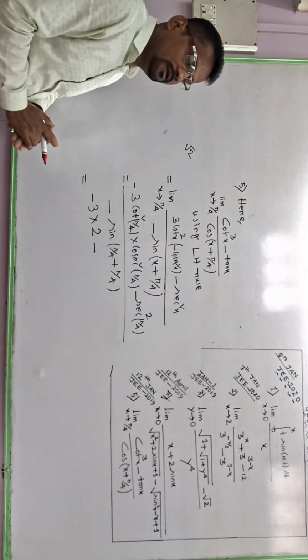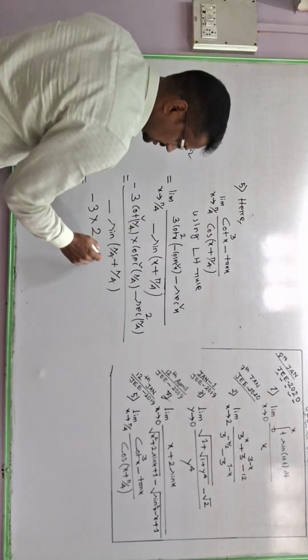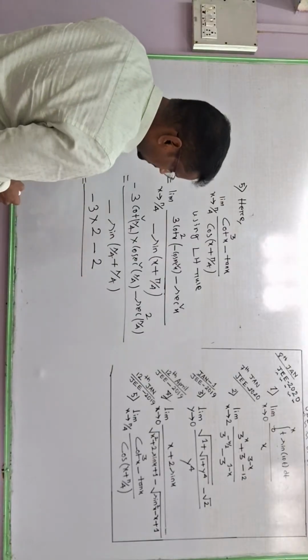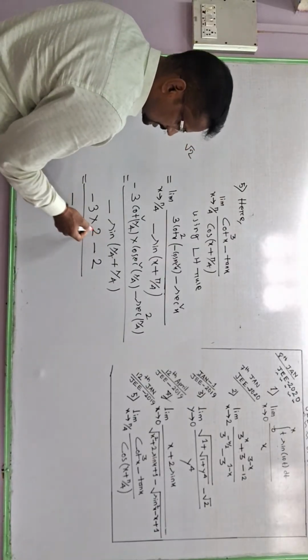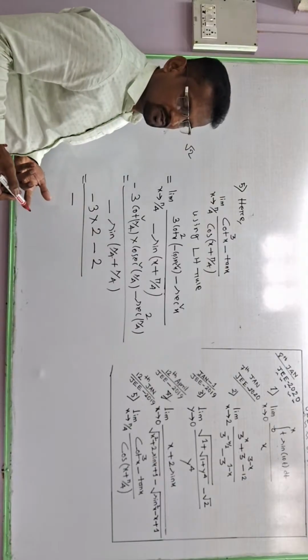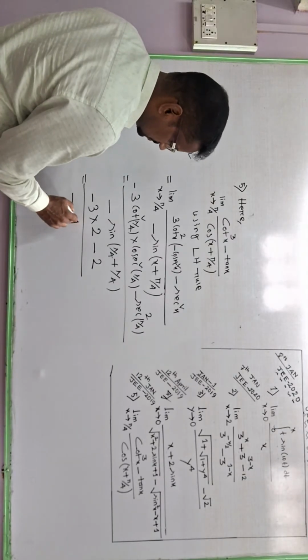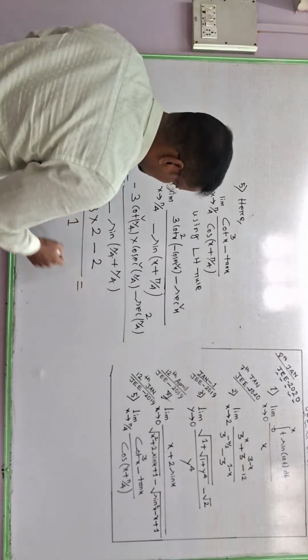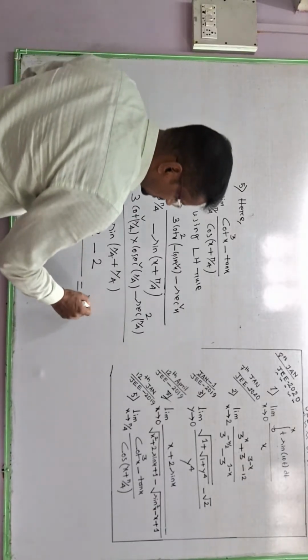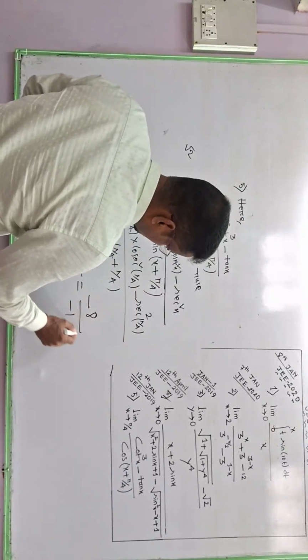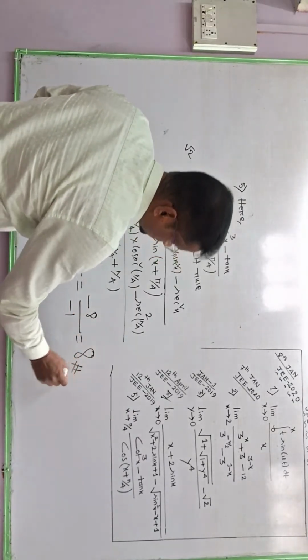Sec 45 degree is root 2, the square is 2, divided by minus sin of pi by 2, and sin 90 degree is 1. So finally minus 6 minus 2 minus 8 divided by minus 1 equal to 8. 8 is the correct option.